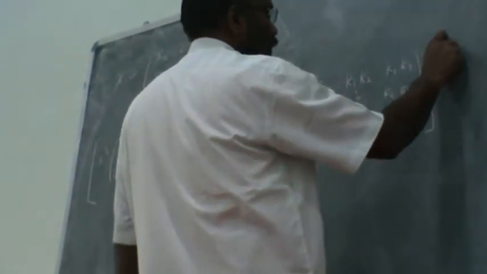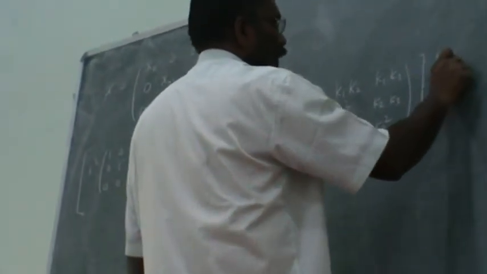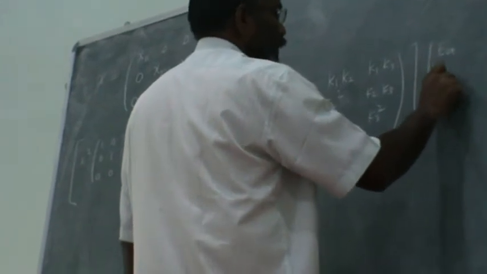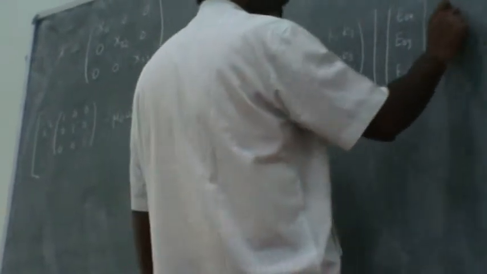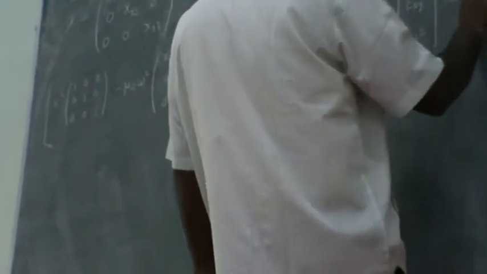This entire thing operating on E0x, E0y, E0z is equal to 0, 0, 0.